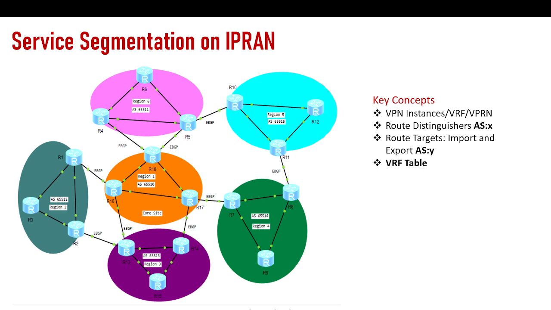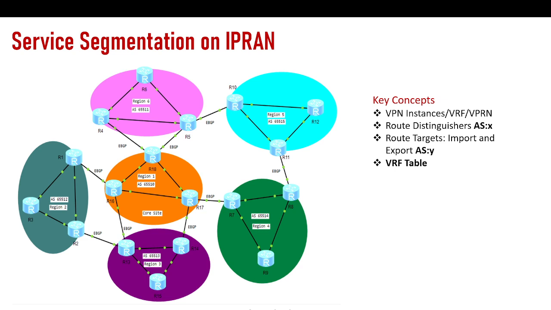And then once we have set up our VPNs, we end up having different VRF tables or different VPN instance routing tables for different services. The way we plan our route distinguishers is we have the AS number and then we give a random number at the end. So it's AS:X. X will be a random number, and it will be changing when we are configuring different VPN instances.